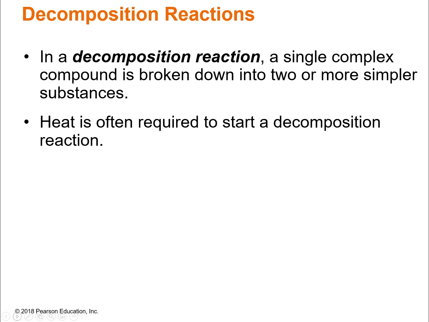The next type of reaction is a decomposition reaction. We've got a single complex compound that's broken down into simpler substances. Oftentimes, you need heat just to get things going.